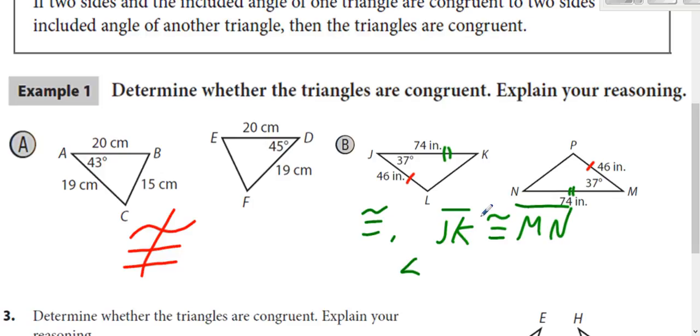Then the angle in between was angle J, is congruent to angle M. And then the other side, JL, is congruent to MP.